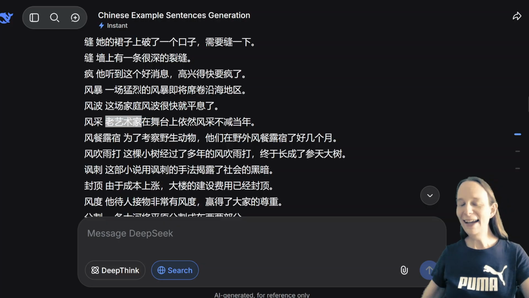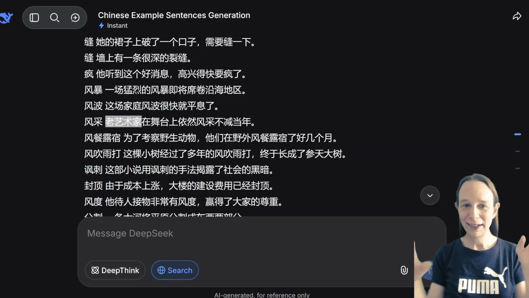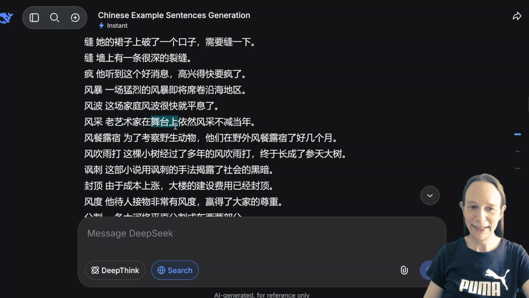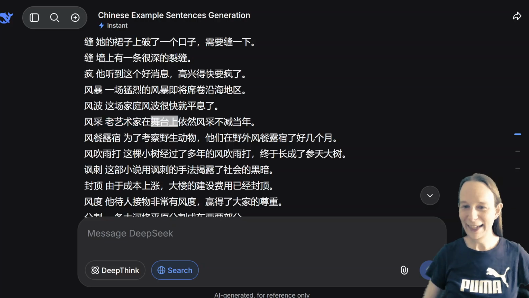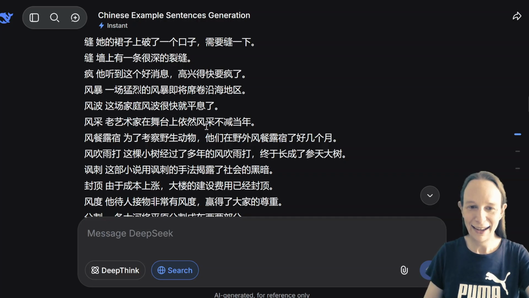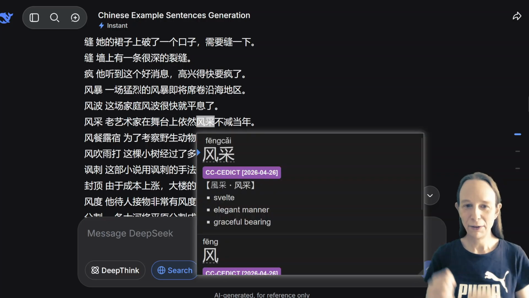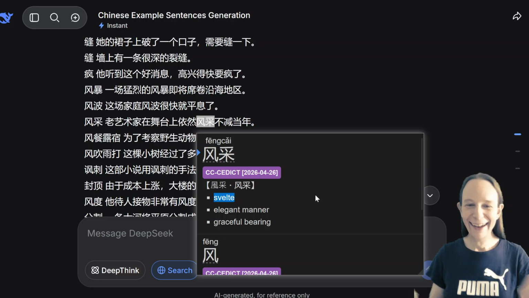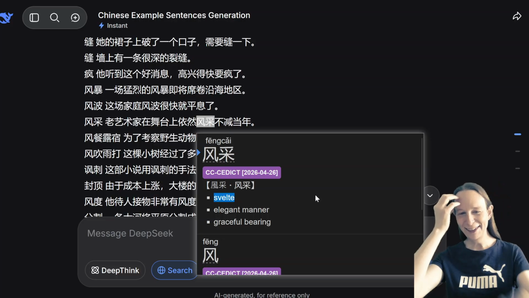Like the artist is really old, but when they're on stage and doing their dance, it looks really immature or something like that.